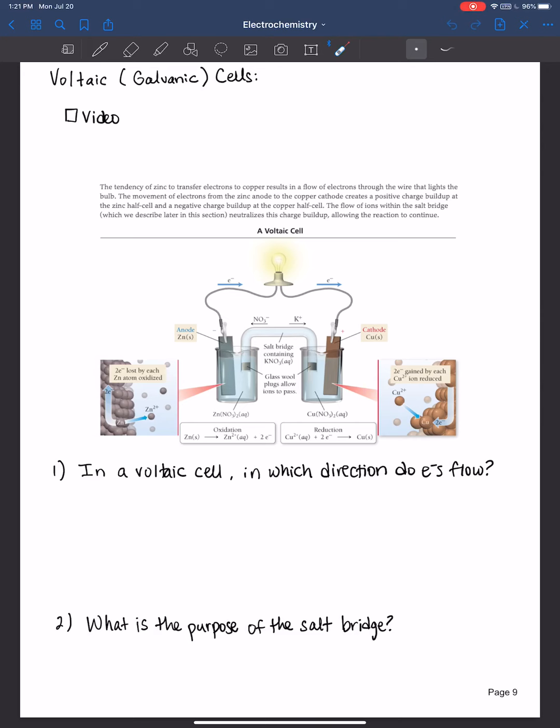All right, so therefore, in a voltaic cell, in which direction do electrons flow? Well, they flow from higher potential energy to lower potential energy.